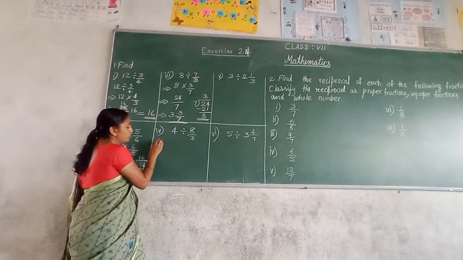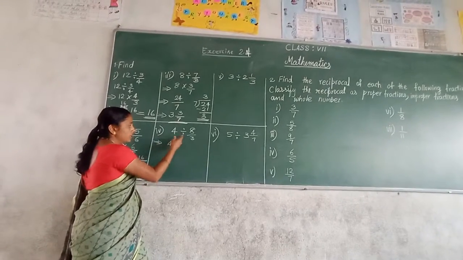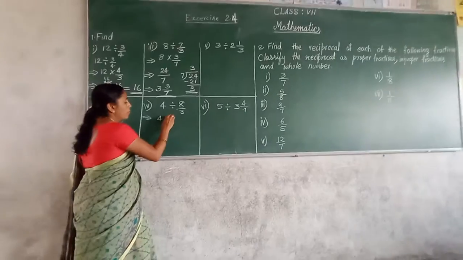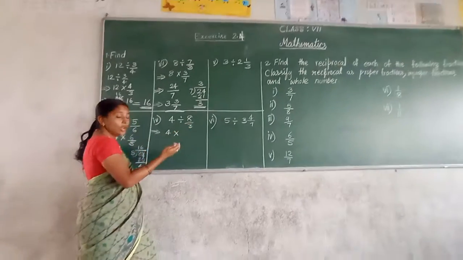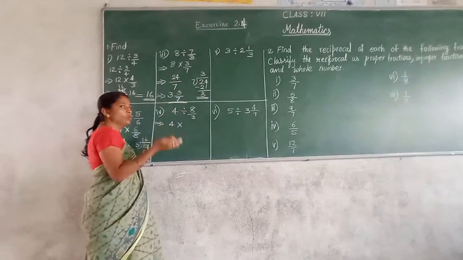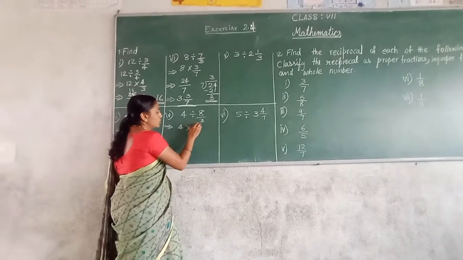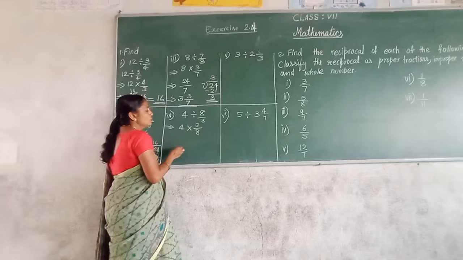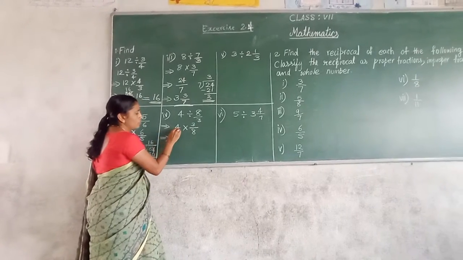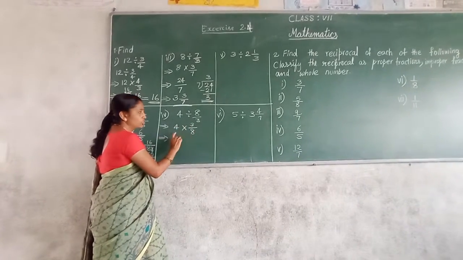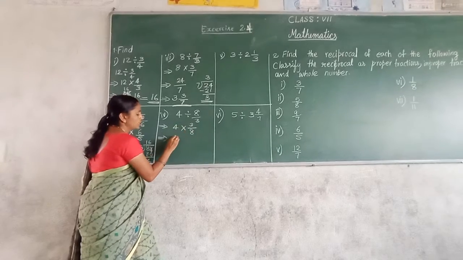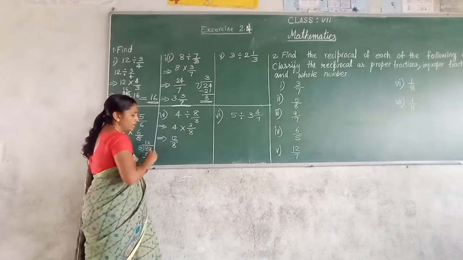Now here also, the fourth question, let us replace the division symbol by multiplication. How to write? Reciprocal of that. Ulta palta, you can say that in your local language. 3 becomes 8. So now the second step is whole number fraction multiplication. 4 threes are 12 upon 8.